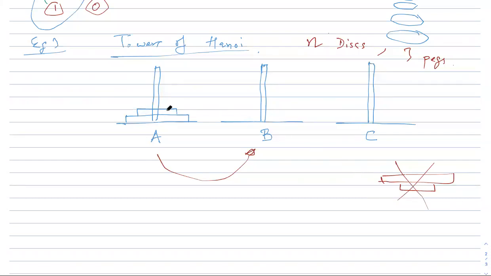So therefore you have to move the smaller disk to C and then move the larger disk to B and then move the smaller disk back to B. And that's how you would reach this kind of configuration in B. So you may have many disks and you have to move all of these disks from A to B. Is the problem clear?